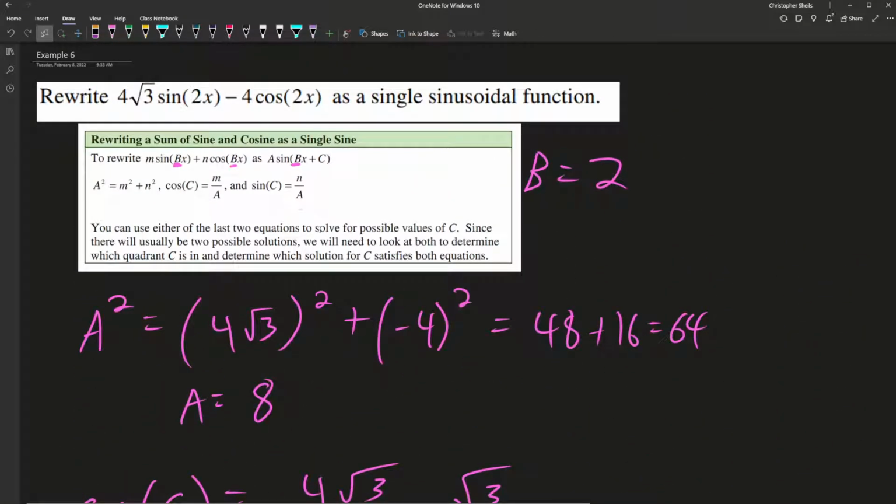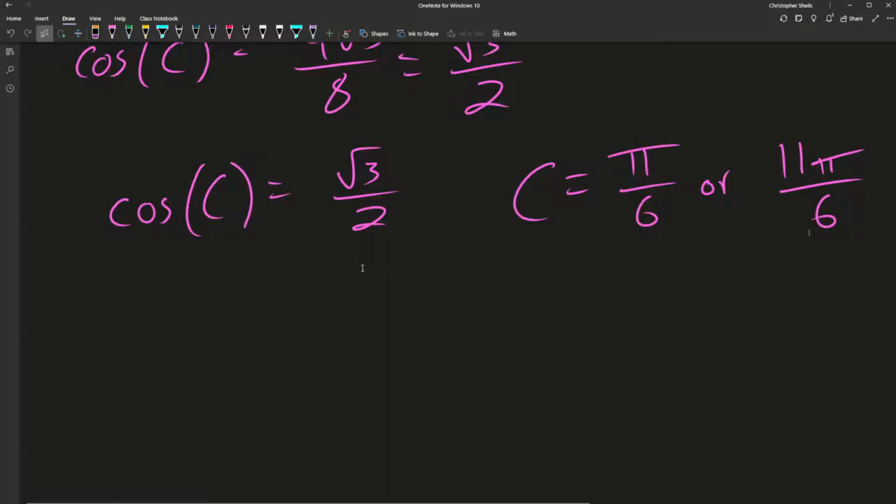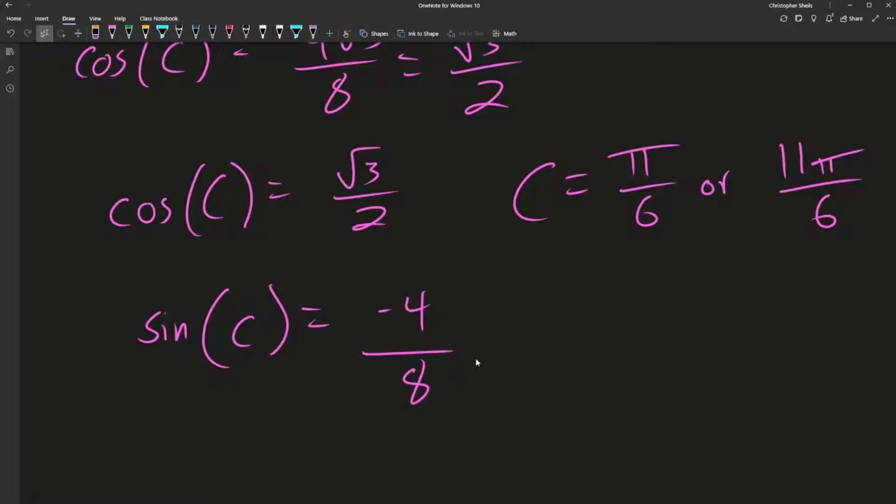And to do that, I have to find sine of c. Sine of c is n over a. So sine of c is going to be negative 4 over 8. N was negative 4, and a was 8. And this is negative 1/2.